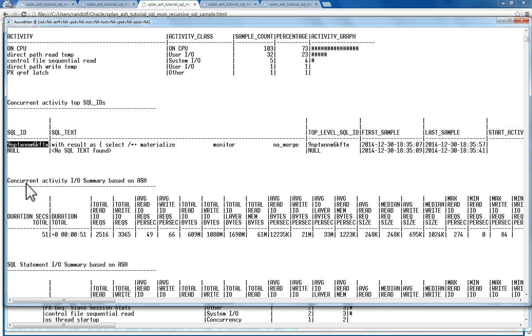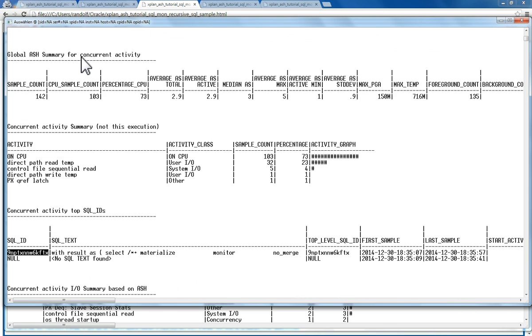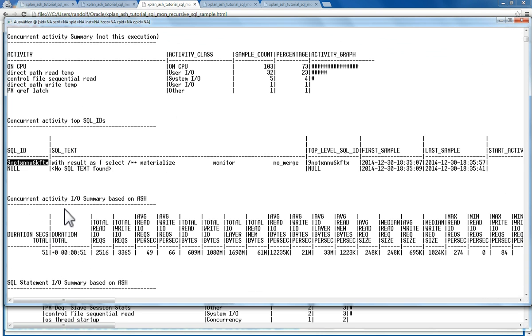And then finally, for the concurrent activity, you will see here the I/O summary. This is the fourth section which is covering this concurrent activity.